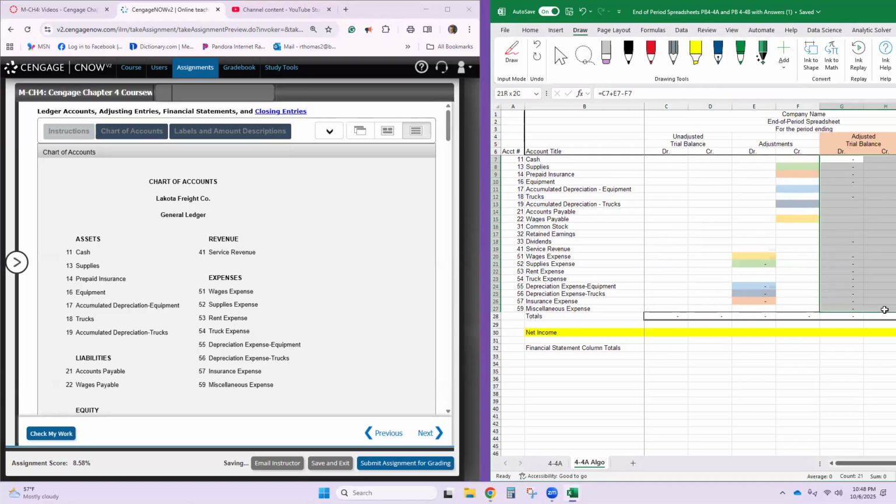So don't put anything where you see a dash. You might need to where you don't see a dash. However much you put in this peach cell will come in here.